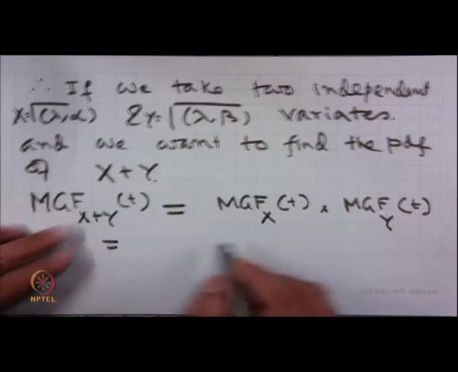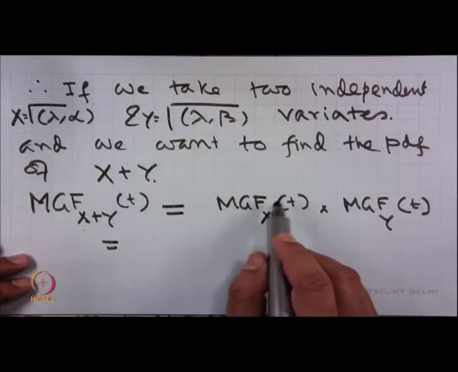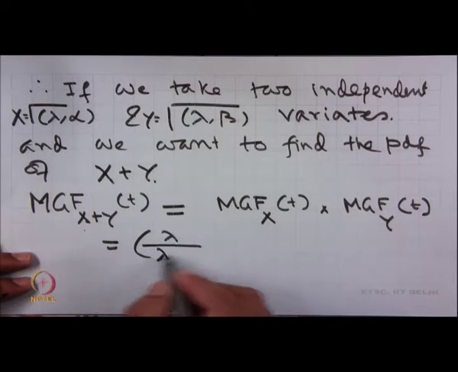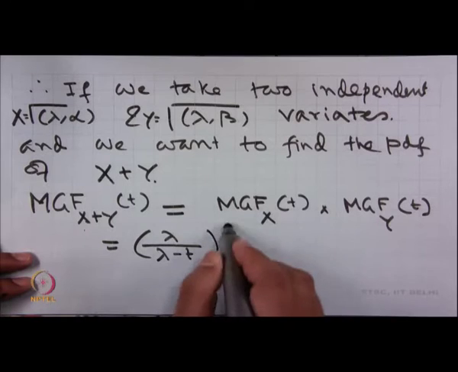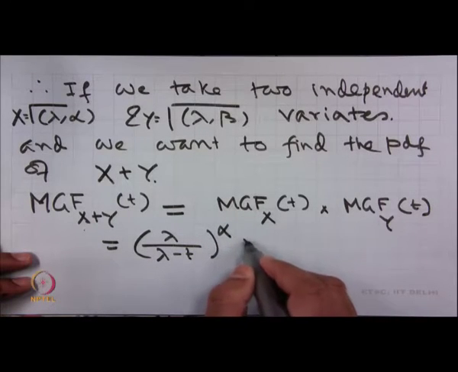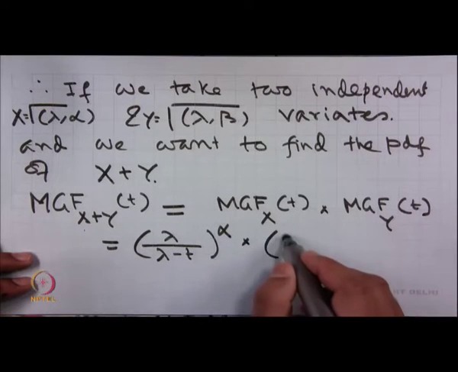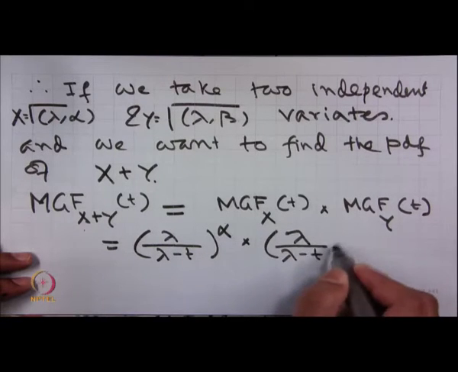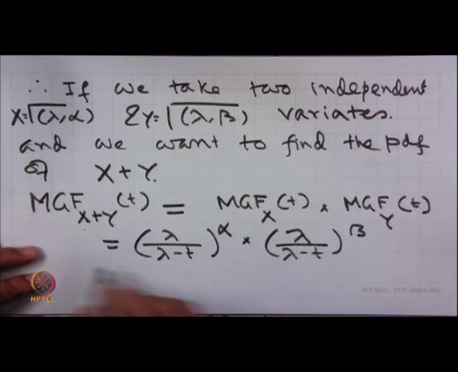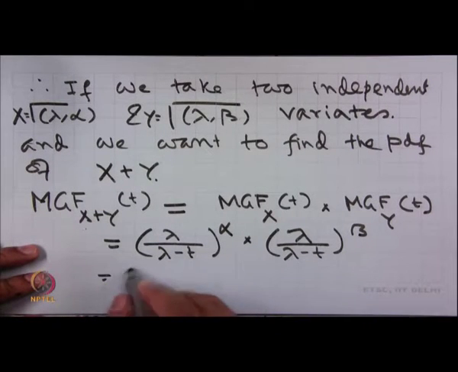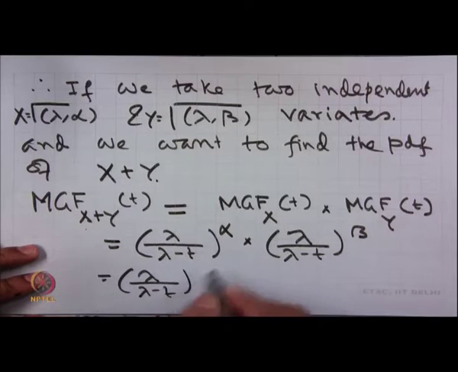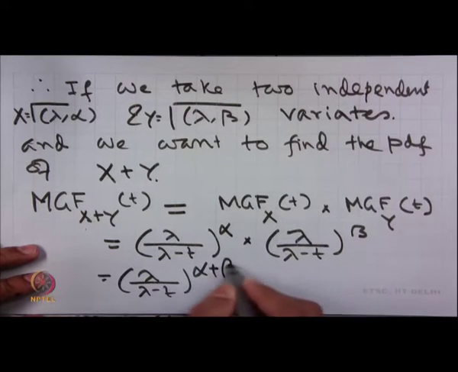And just now we have found out that this moment generating function is (lambda upon lambda minus t)^alpha. This is similarly going to be (lambda upon lambda minus t)^beta. Therefore, the product becomes (lambda upon lambda minus t)^(alpha plus beta).